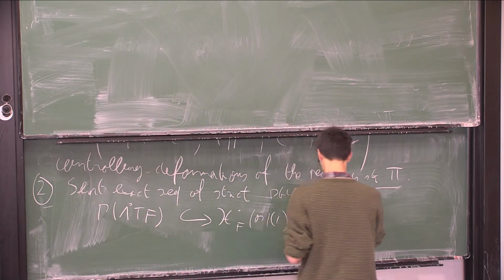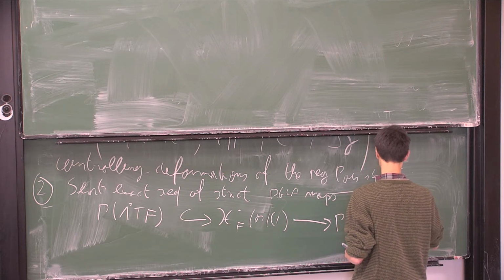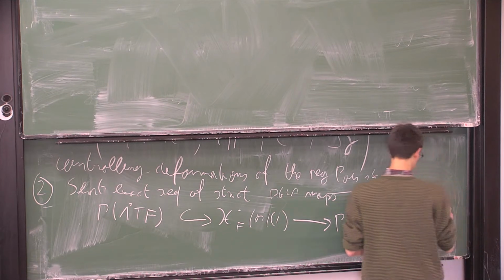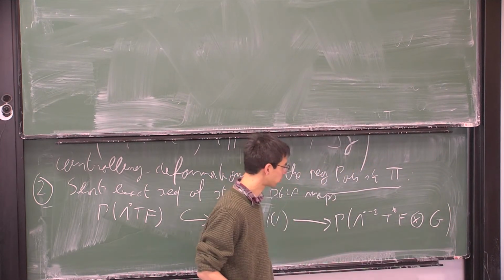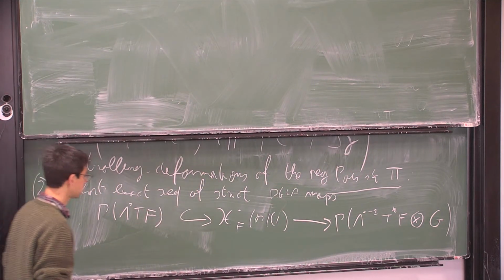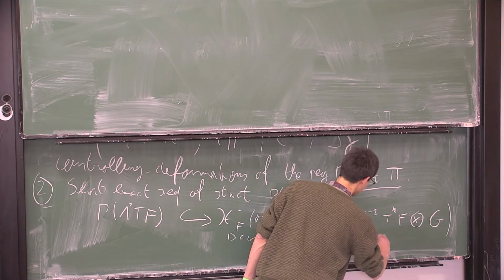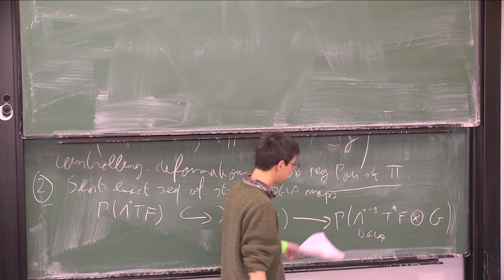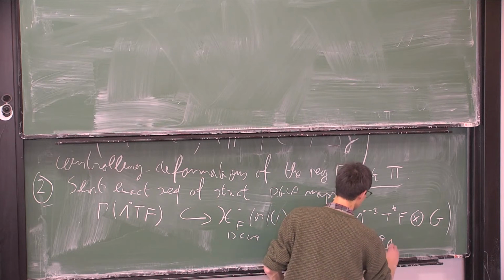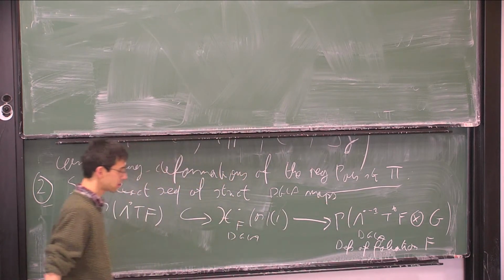And this projects to, as Marius was saying, foliated differential forms with values in the normal bundle, which for me is just this complement G. This is a DGLA, and this governs the deformations of the foliation F that underlies my regular Poisson structure pi.